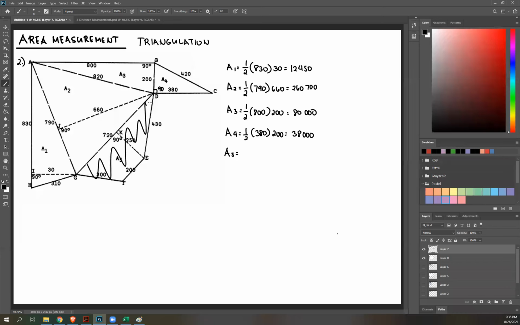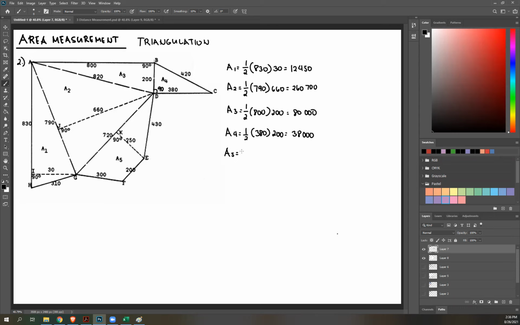This is your area 5, which is not a triangle, it's a trapezoid. Okay, and then area of a trapezoid is base 1 plus base 2 over 2 times height. So if you consider this as your base 1, base 2 over 2, and then this is your height, then all we have to do is direct substitution. So I know that this is the height again because as you can see, it's a line between your two bases and it's perpendicular because of this 90 degrees.